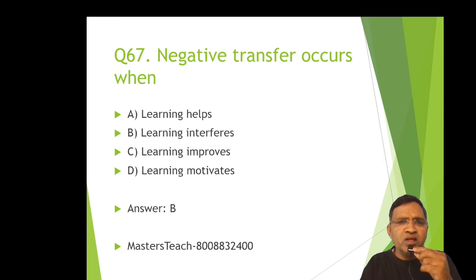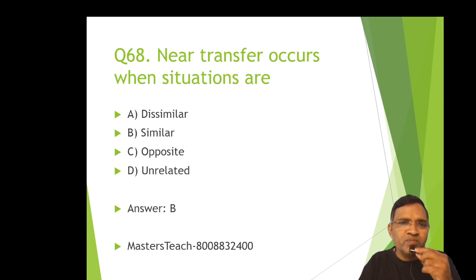Answer B. Then negative transfer occurs when A. Learning helps, B. Learning interferes, C. Learning improves, D. Learning motivates. The answer is negative transfer occurs when learning interferes.